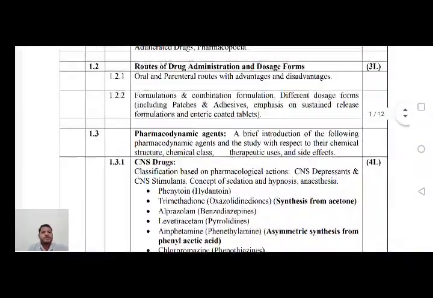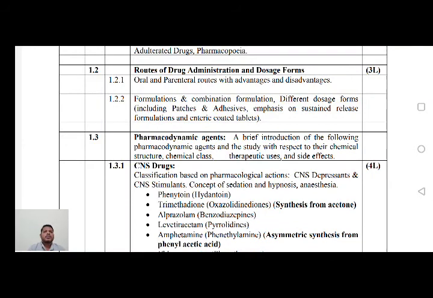There are various routes of drug administration, with their advantages and disadvantages, and various dosage forms, for example tablet, capsule, aerosol, etc. Next, pharmacodynamic agents: a brief idea about them, their structure, chemical classes, uses and side effects.